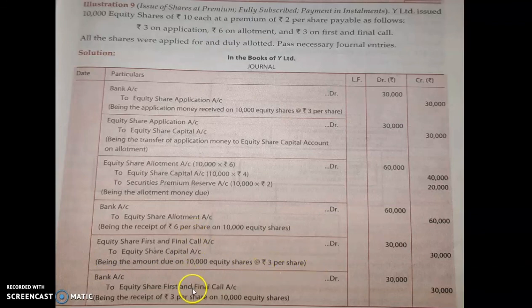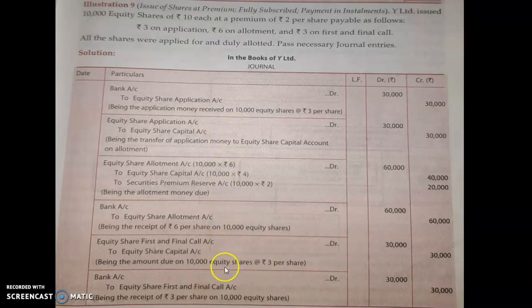Now next is the received entry. So one due and one pay. Bank account debited to equity share first and final call account. Whatever you have written in the equity share first and final call account, that amount you have to post over here also. Being the receipt of 3 per share on 10,000 equity shares.